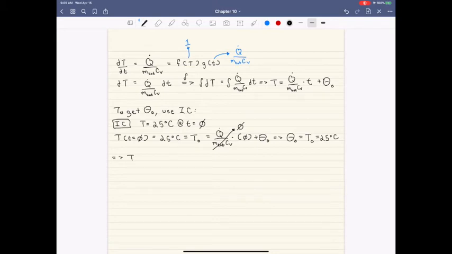So now we have T at some arbitrary time is equal to a time term plus an initial temperature, T naught.